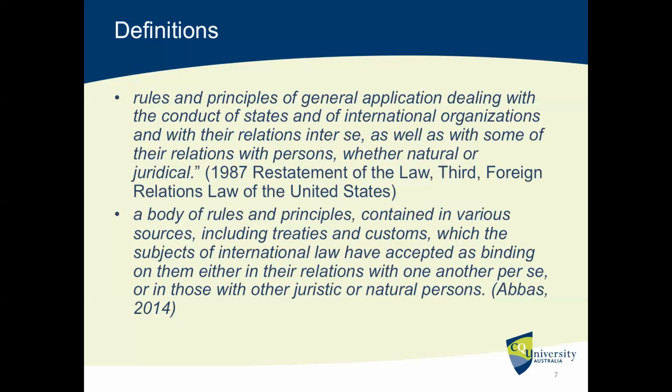So again, if you examine the notion of persons, both in the definition of the Foreign Relations Law of the United States, it talks of persons, whether natural or juridical. And as we said, an example of a juristic or juridical person would be a transnational corporation.